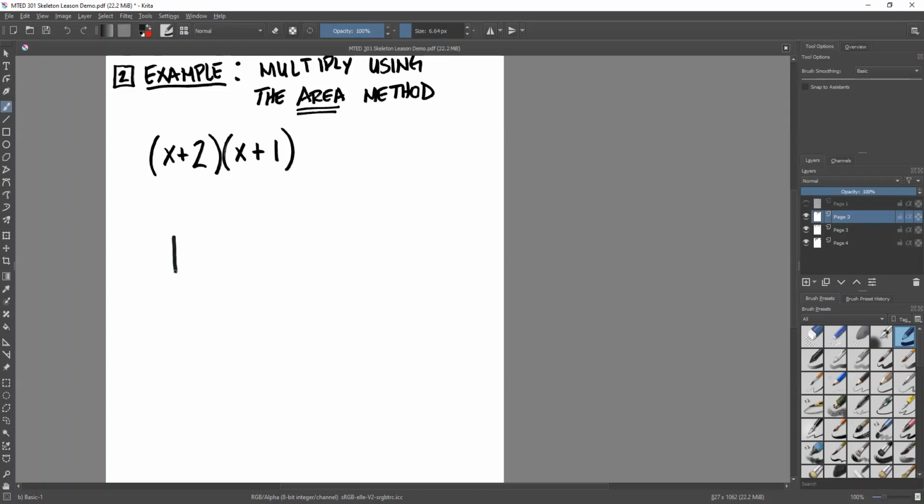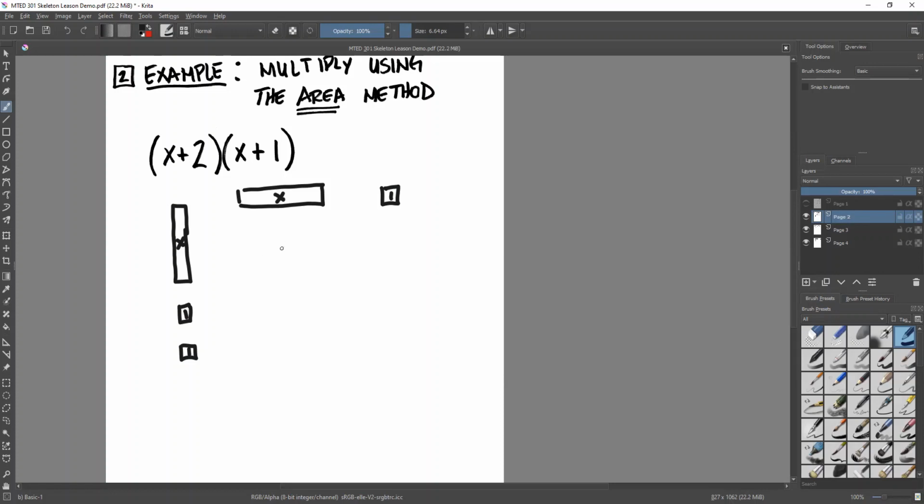We first have our x, and then we have plus 2, which is two of the little 1 tiles. Next, we have the x plus 1. How can that be represented? Well, we have one x tile, and then we have a plus 1.